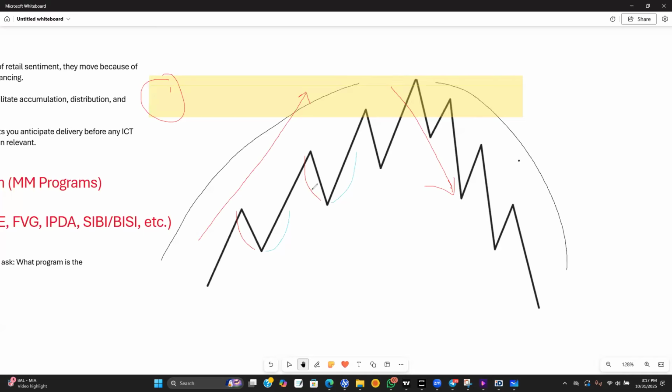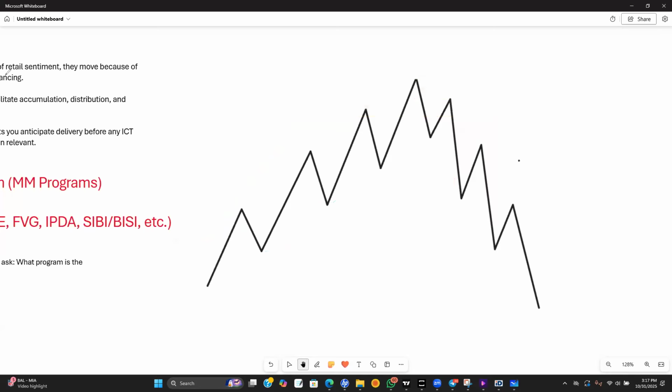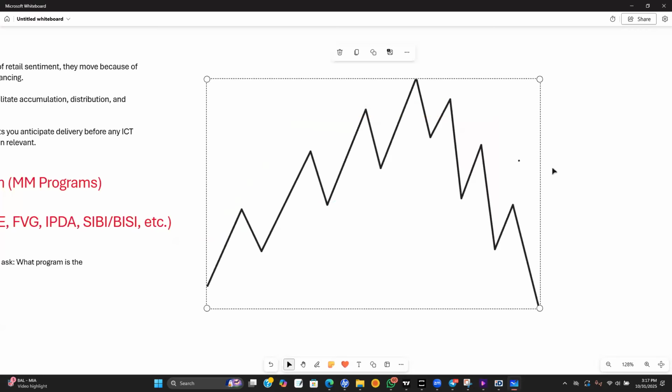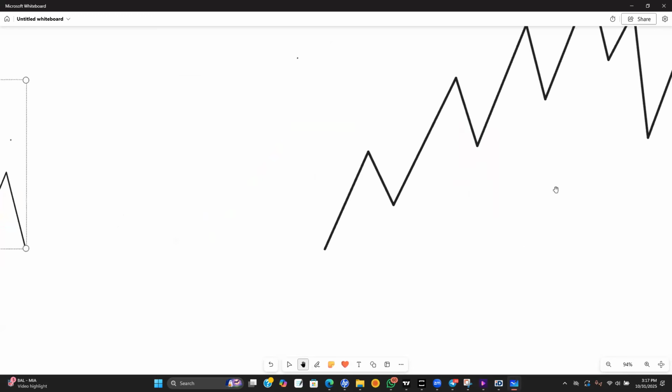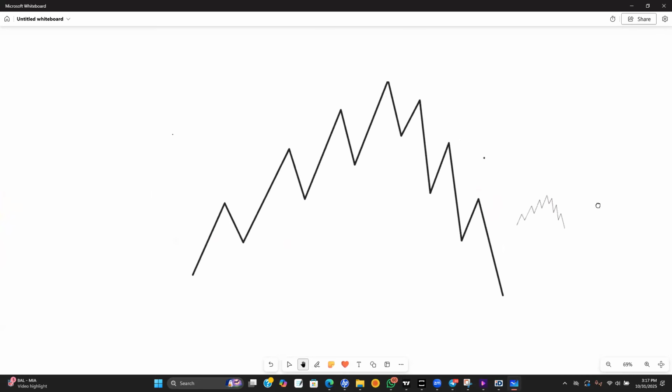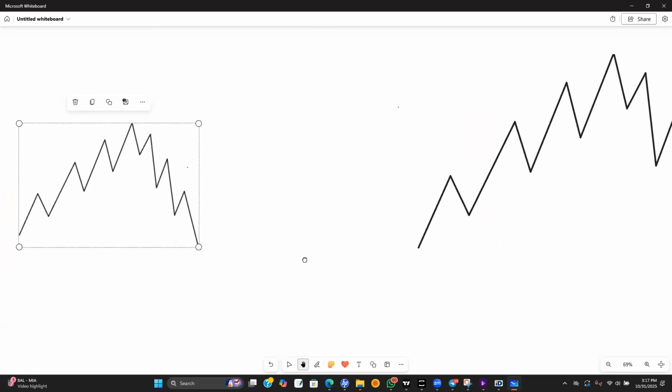Okay, so these are many buy and sell programs that are a part of an overall sell program. But here's where it becomes very unique, because even though we're seeing this as a sell program in itself, if we scan over here, we're using the same schematic.